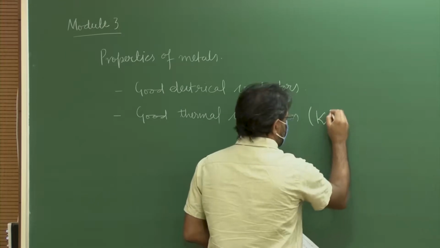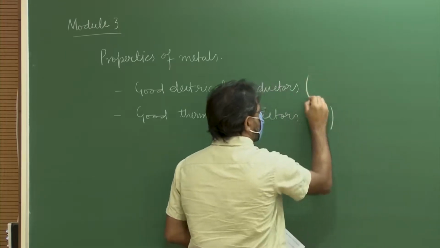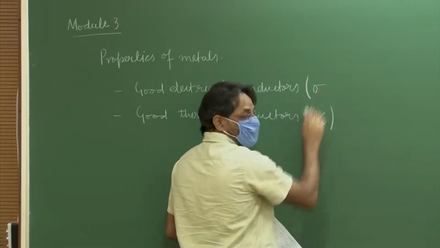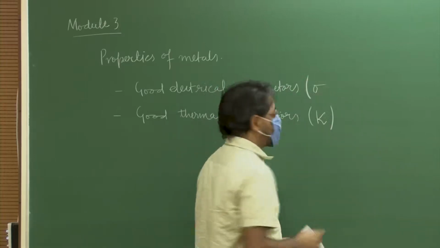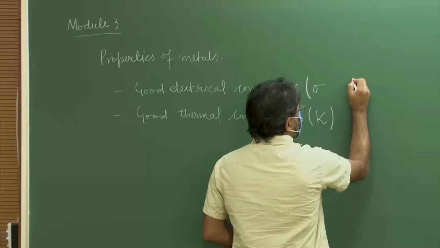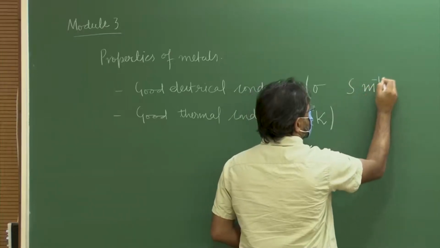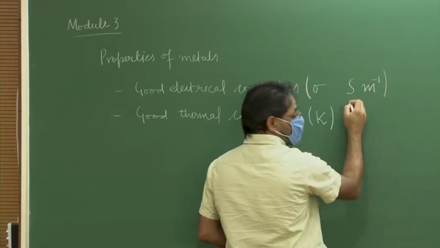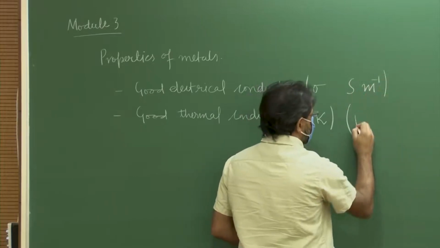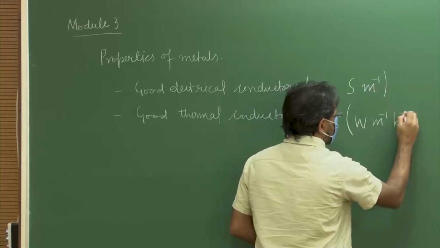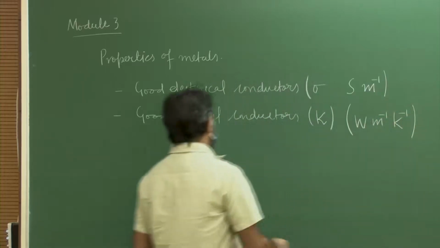So they have a good thermal conductivity, they have a good electrical conductivity, and that we will quantify by this quantity sigma, which is measured in units of Siemens per meter, right? And kappa is measured in units of watt per meter per Kelvin, right?